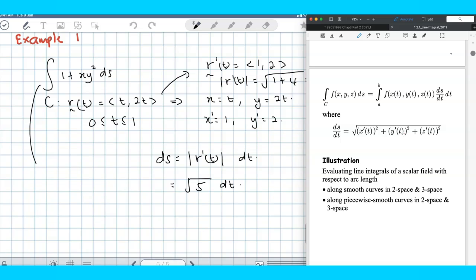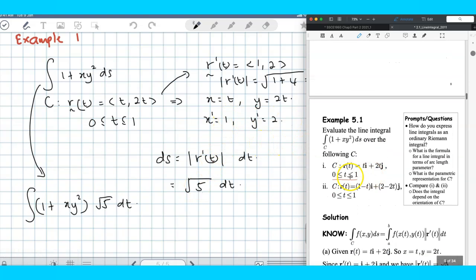So from here, instead of dealing with ds, we manage to convert ds in terms of t. So we have 1 plus xy squared, and your ds is square root 5 dt. And what is the limit of t? It is provided, so t is from 0 to 1.